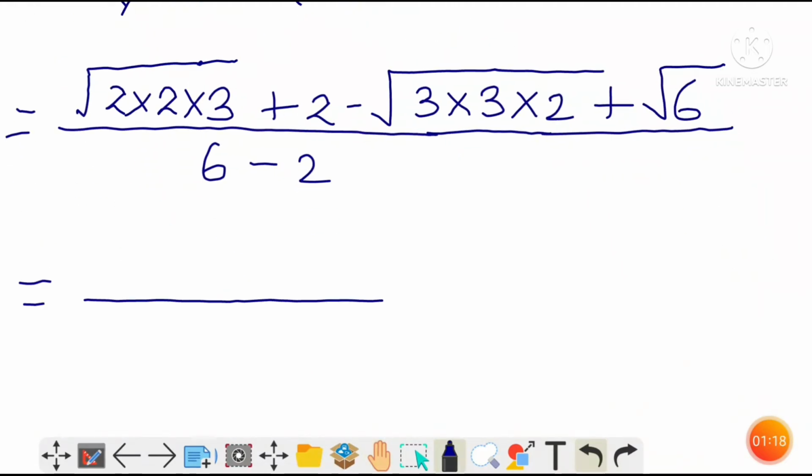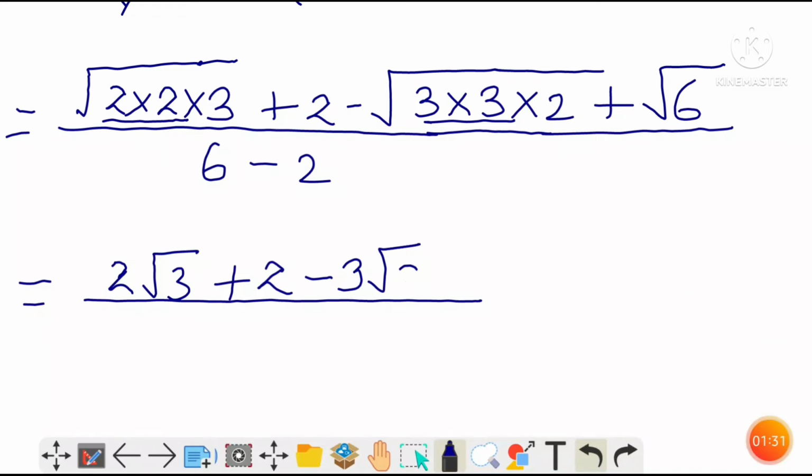In the numerator, since it is the square root, we have to take out the pair of numbers outside. That is, 2 has a pair, 2 will come outside, 3 will remain inside. Here also we have to take 3 outside and 2 will remain inside, and root 6. 6 minus 2 is 4.